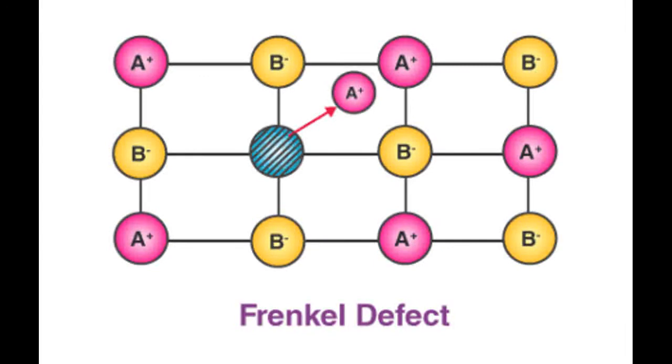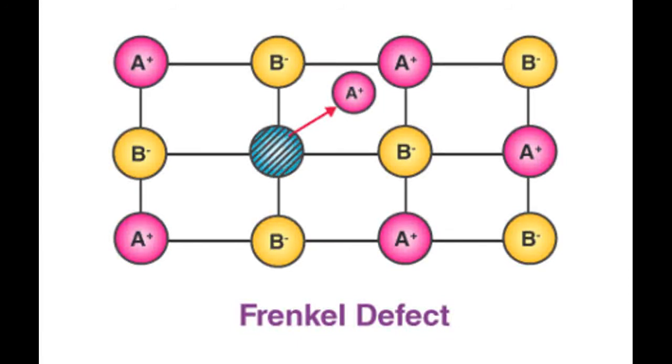The next one is the Frenkel defect. It arises when an ion is missing from its normal position and occupies an interstitial site, that is, a point between the lattice points. The ions leave their normal positions and occupy the spaces in between the normal lattice sites, which are called interstitial sites, and hence it is also called an interstitial defect.